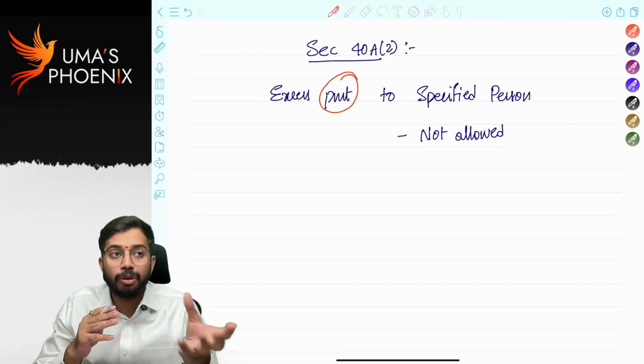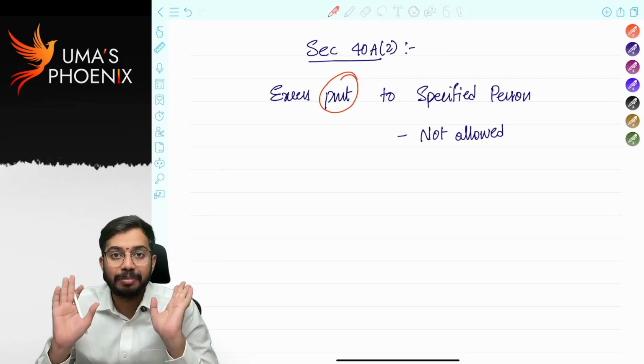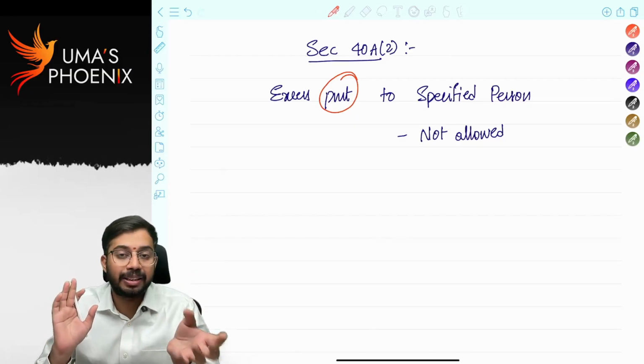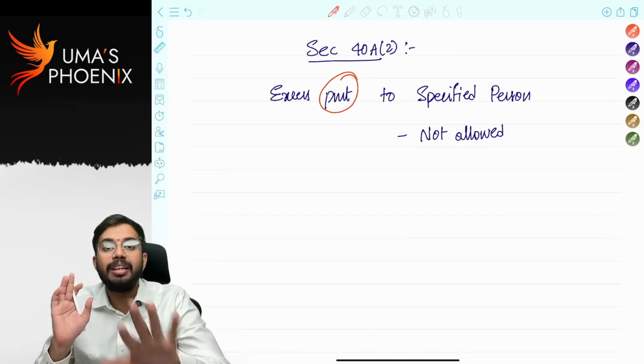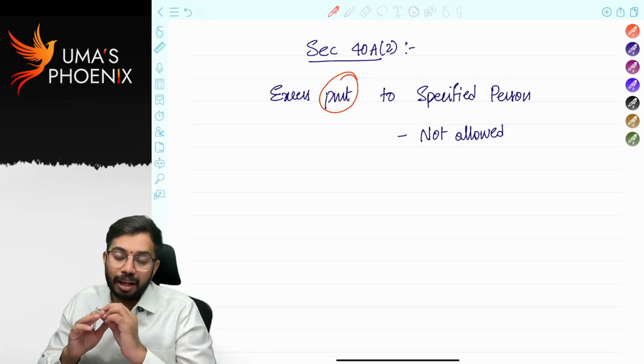If from a relative you got excess income, that excess income is also taxable because 40A(2) is applicable only for expenses. So if you make any excess payment, that excess payment is disallowed.